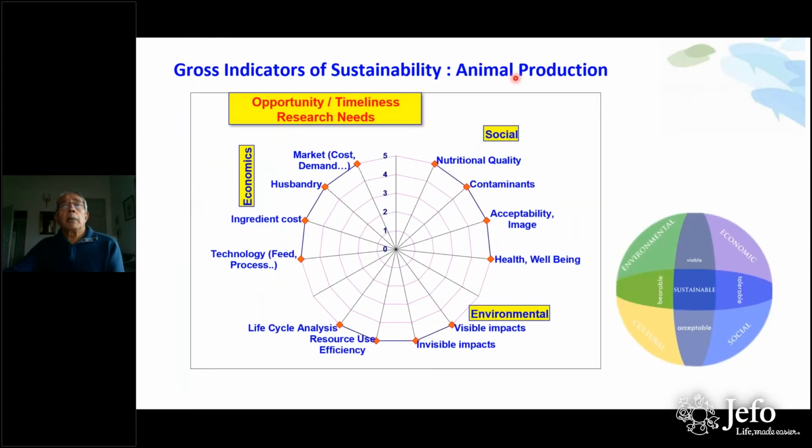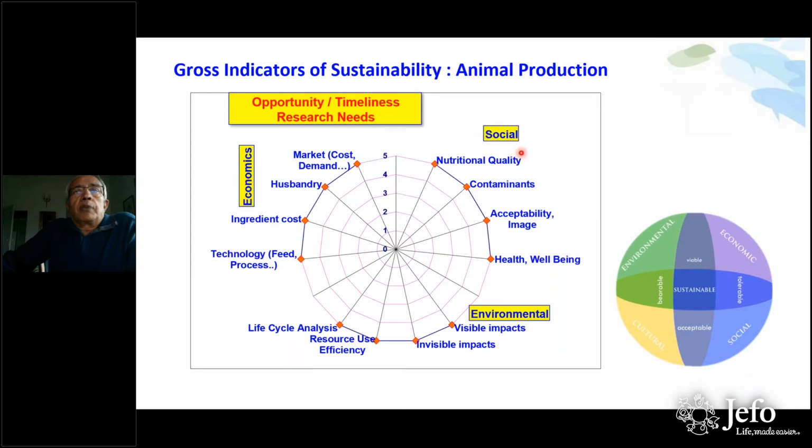In all animal production, we have these three concepts of indicators of sustainability. You have the environmental, that's what many people talk about. They forget the two important aspects, the economics and the societal issues. In terms of economics, you've got to think about the market cost and demand, husbandry, ingredient costs, technology, the volatility of feed cost, for instance.